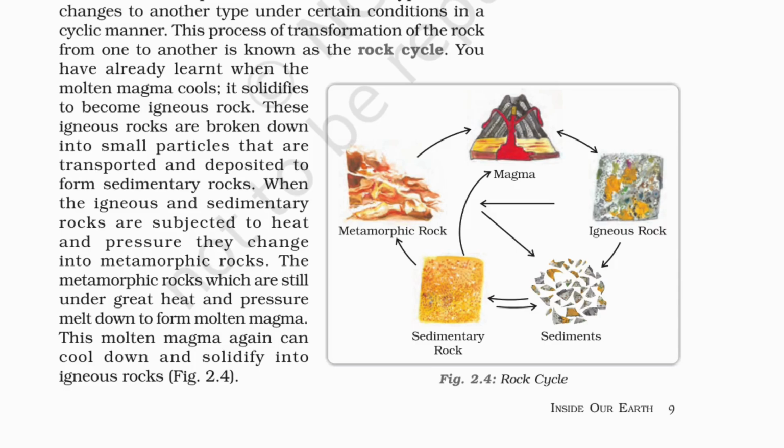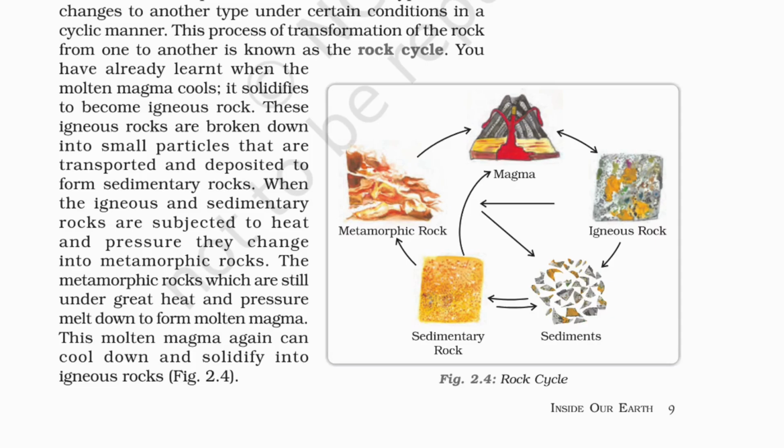Now, these igneous rocks are broken down into small particles, sediments, remember? So, these igneous rocks are broken down into smaller particles that are transported and deposited to form sedimentary rocks. Now, when the igneous and sedimentary rocks are subject to heat and pressure, they change into metamorphic rocks. The metamorphic rocks, which are still under great heat and pressure, melt down to form molten magma.